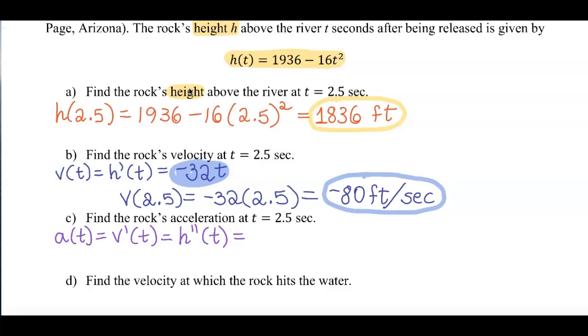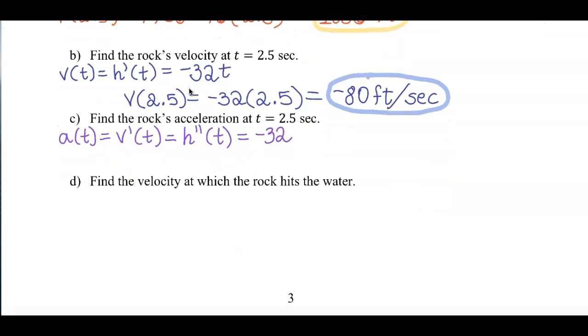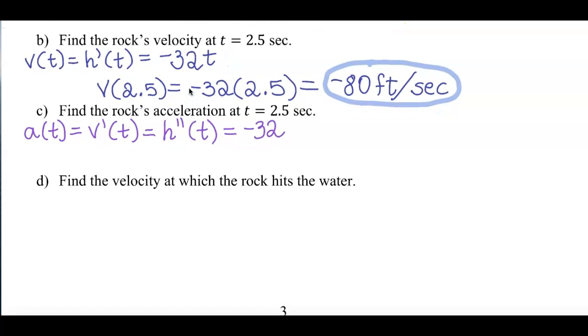It's just negative 32. So guess what? What we just found out is that acceleration is constant, always negative 32. So if they ask us to find acceleration at 2.5 seconds, it's simply negative 32 feet per second squared. And that is the unit for acceleration.